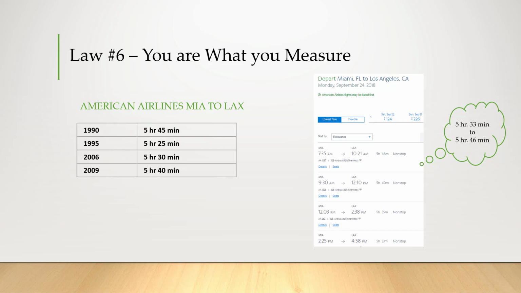And then it would also say, well, how is Southwest 15 minutes or 10 minutes shorter in the same distance? So you have to be careful what your definition of something is that's being measured, because how you define it becomes who you are.